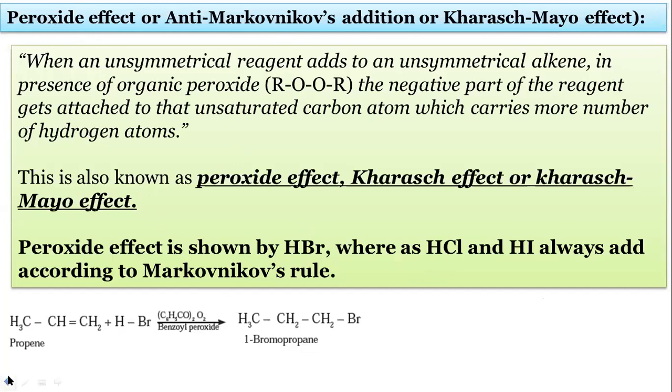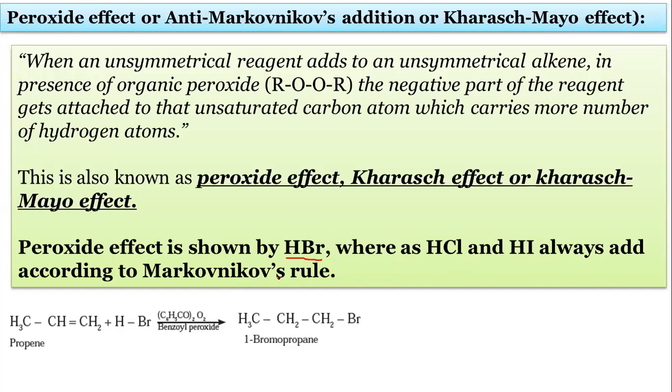I'm going to underline this HBr, remember, because the peroxide effect is shown only by HBr. If HCl or HI is added, the addition always takes place according to Markovnikov's rule. In the presence of peroxide also, remember, HCl and HI undergo Markovnikov's addition.